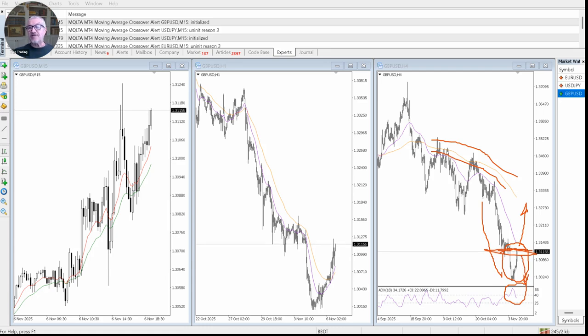And if it retraces back down, then I'll move to here and see, is this in alignment with what we're seeing here? And if that is in alignment, then I'll check this chart and see if we have an entry signal at this point in time.